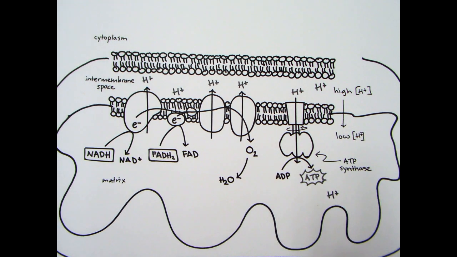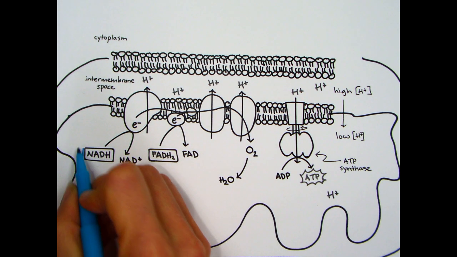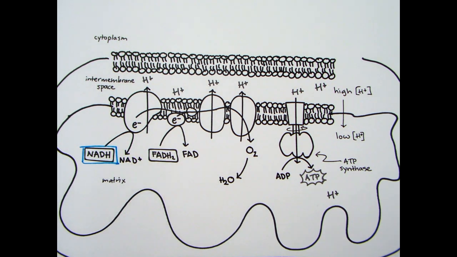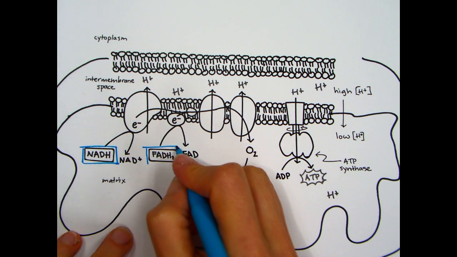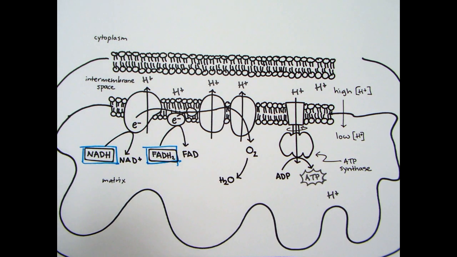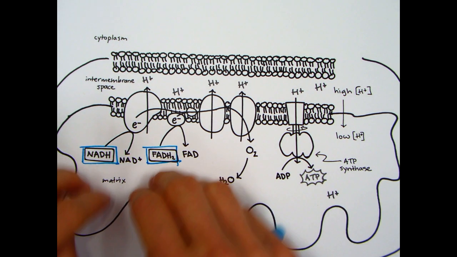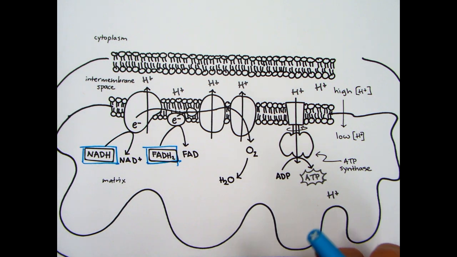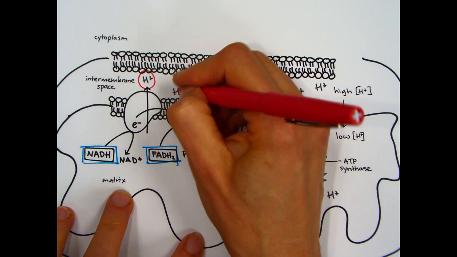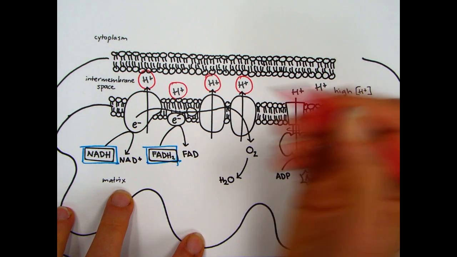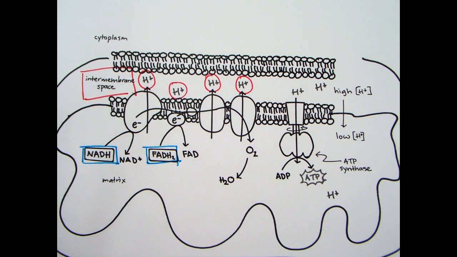Okay, so our NADHs, which are made in pyruvate oxidation, glycolysis, and the Krebs cycle, and our FADH2s, which are only made in the Krebs cycle, will both donate electrons to the electron transport chain. As electrons go down the electron transport chain, they will push protons into the intermembrane space, the space between the 2 membranes.